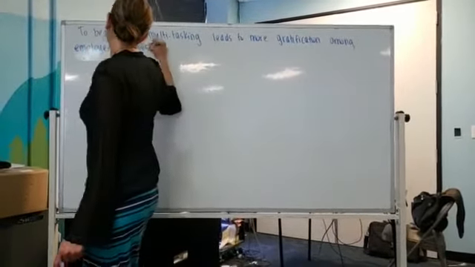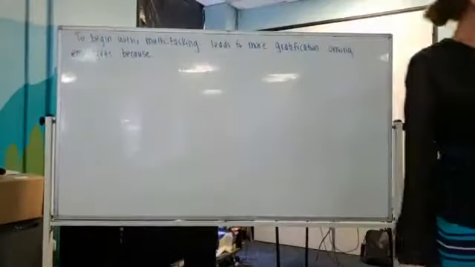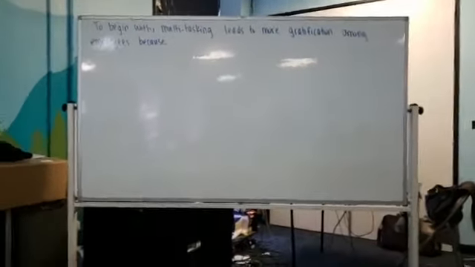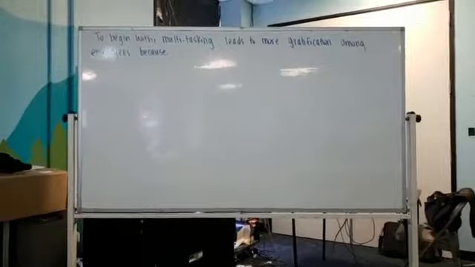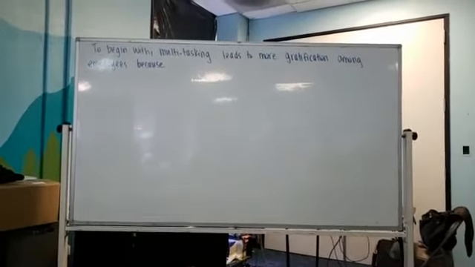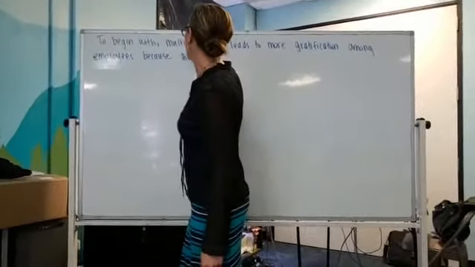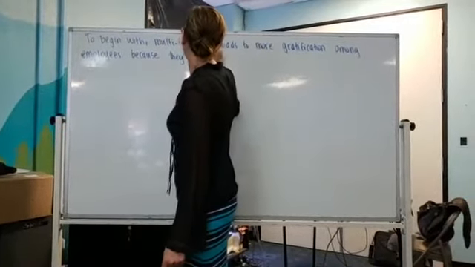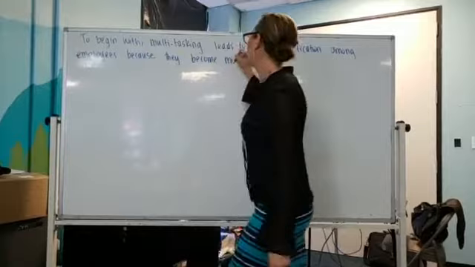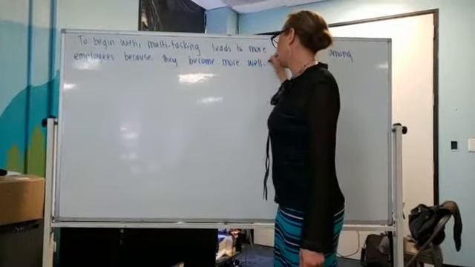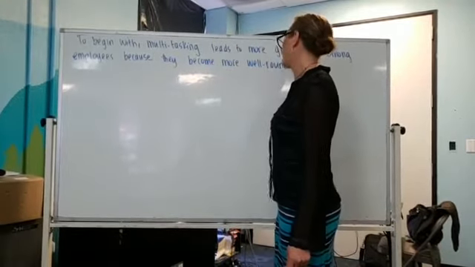because, okay, we already said versatile, didn't we, in our thesis? So here we're going to say maybe well-rounded. Well-rounded, same meaning. Leads to more gratification among employees because they become more well-rounded. Again, well-rounded is the same as versatile.